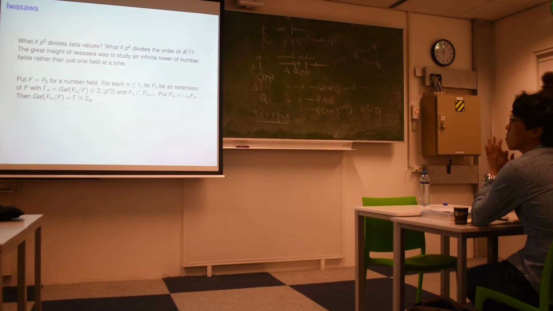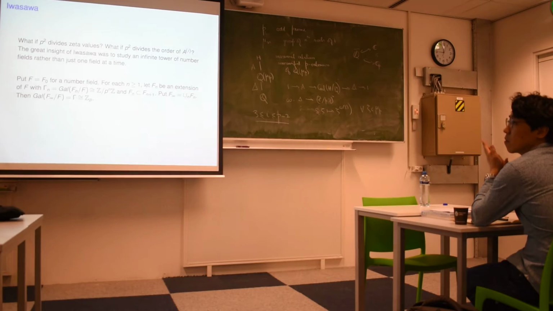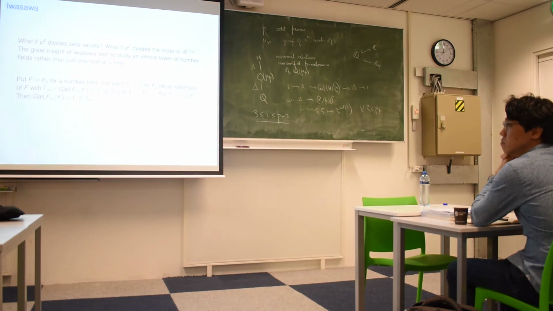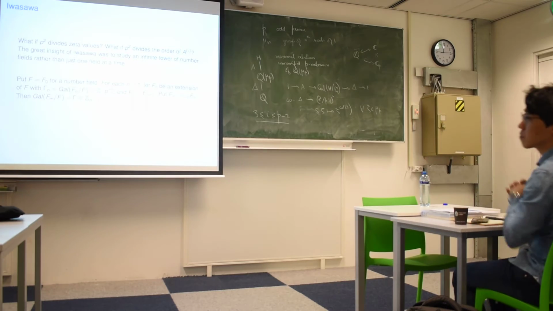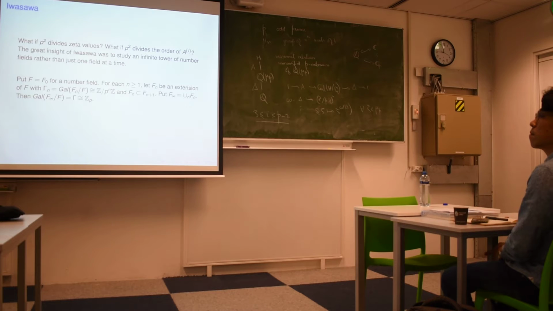Okay, so now I take F to be any number field, so any finite extension of Q. This is my F_0.